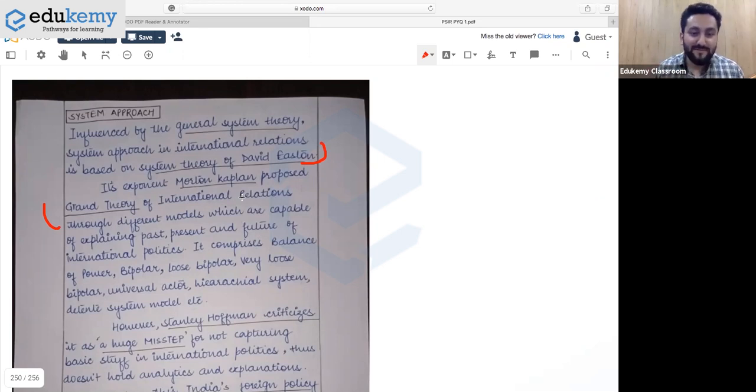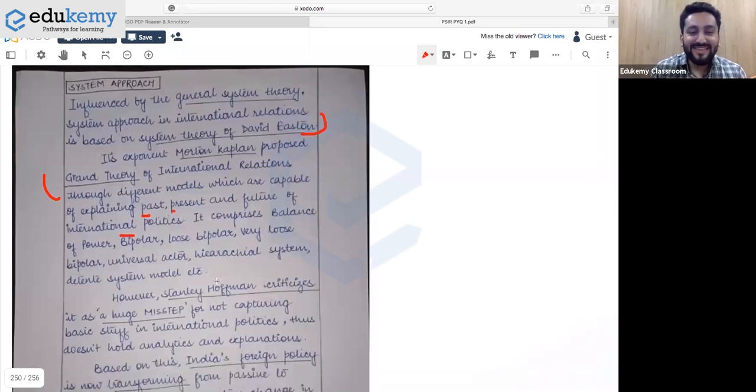So let's understand how he was saying that that's a system. Through different models which are capable of explaining the past, present, and future of international politics. देख रहे हैं क्या बड़ी बात कह रहे हैं? His model is going to tell the past, present, and future of international politics.